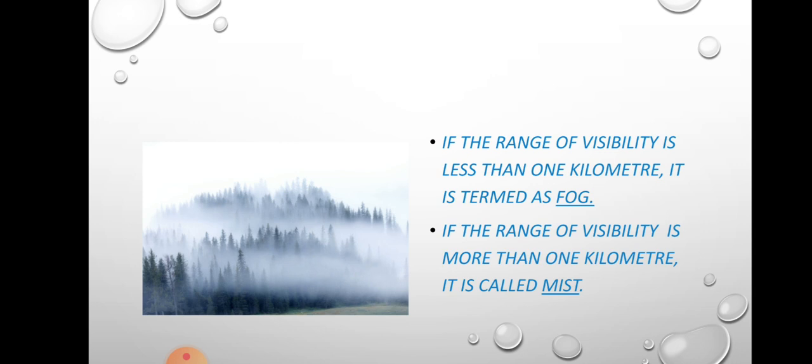If the range of visibility is more than 1 kilometer, if we can see things beyond 1 kilometer, when the visibility is more, it is called mist. From this we can understand that fog is denser than mist, and mainly fog can be seen where there is more water content, especially in the lake region where the water body is more.